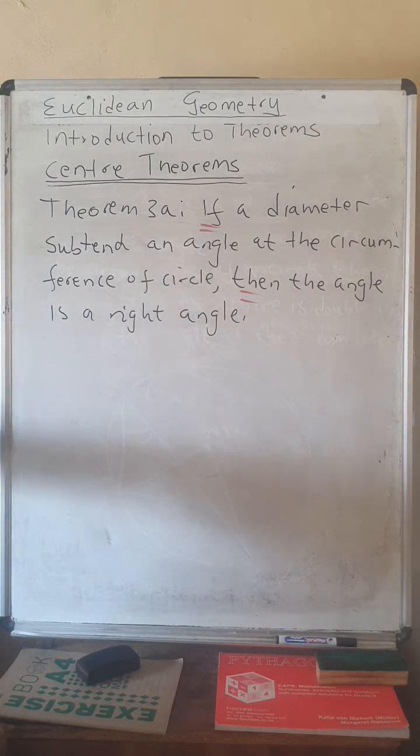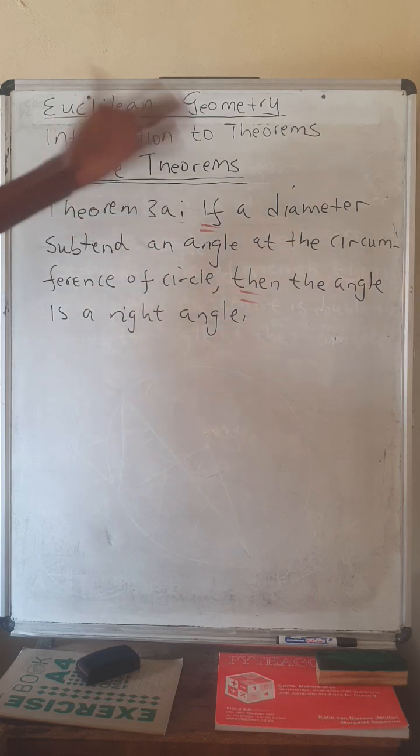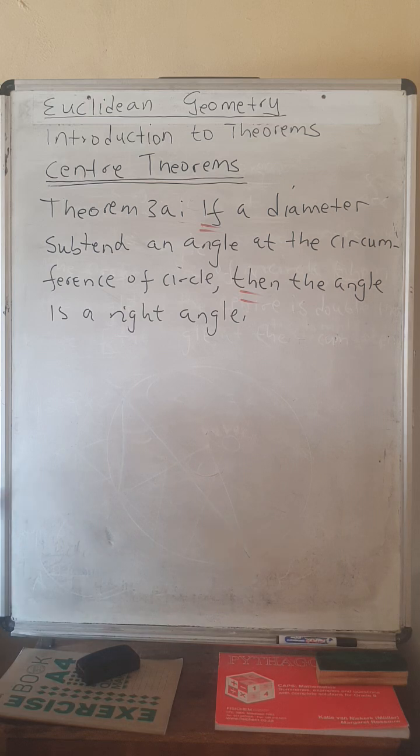So for this theorem to be applicable, I must see an angle that is being subtended by a diameter at the circumference. If I don't see a diameter subtending any angle at the circumference, I can't even think about this theorem. I can only think about this theorem once I see a diameter subtending any angle. It doesn't matter where the angle is. As long as I see a diameter subtending an angle at the circumference, then I can think about this theorem. So that is the only time this theorem will be applicable.